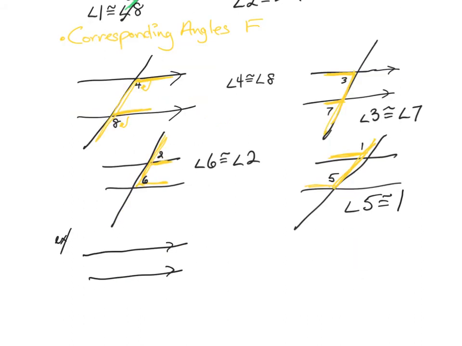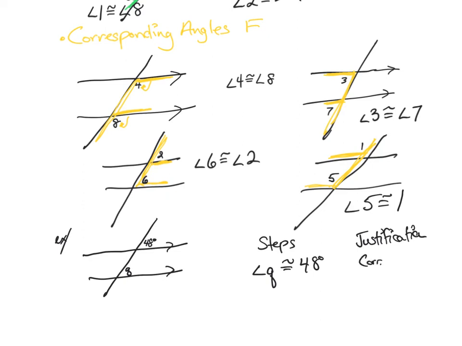So for example, if we had a situation where you were looking for angle Q, but you knew that this angle here was 48 degrees, then you could say, steps, angle Q is congruent to 48 degrees, and your justification would be corresponding angles.